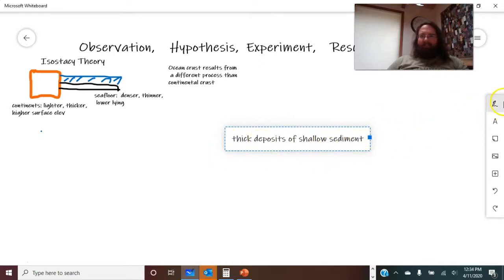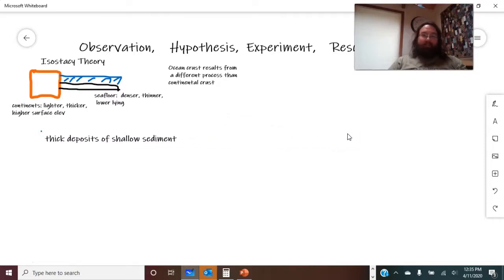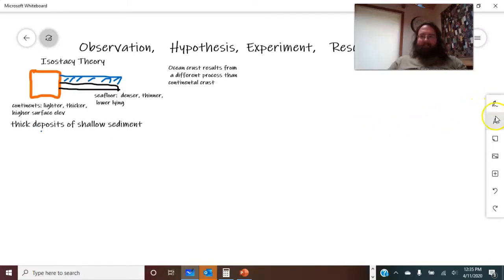The thing about these thick deposits of shallow sediment is you can't really explain them if the crust stays in the same position, because sea level does not rise and fall that much. The greatest rise and fall ranges in sea level are on the order of about 600 meters or so, maybe a little more than that, and we're seeing packets of shallow water sediment that are thousands of meters thick.